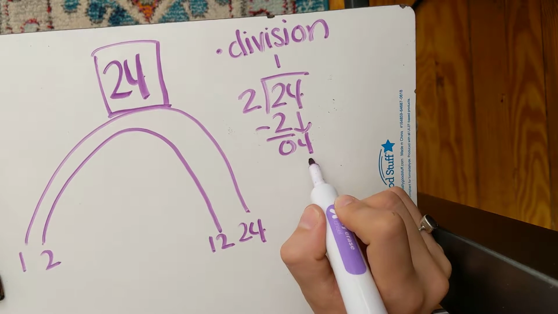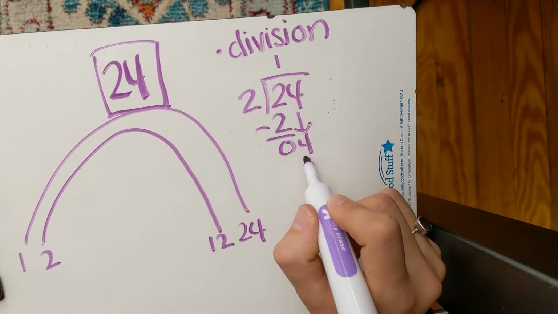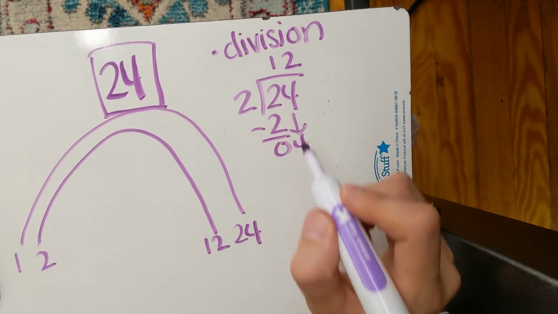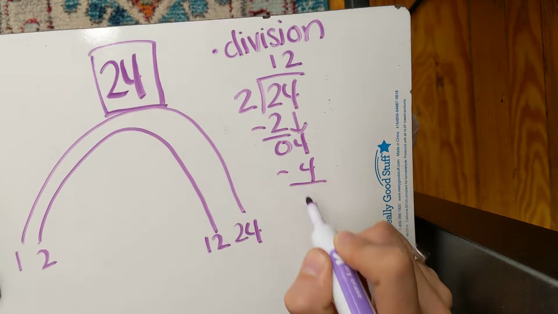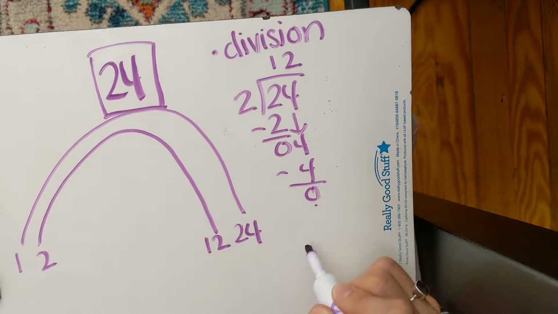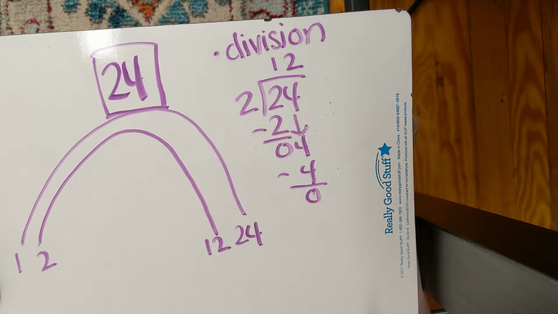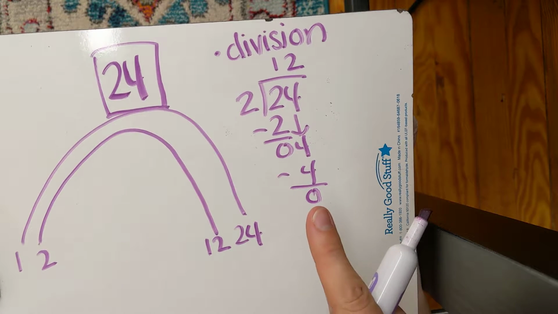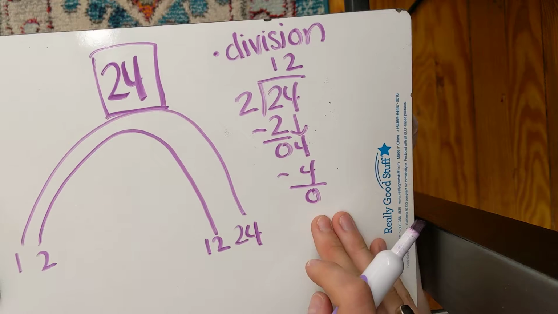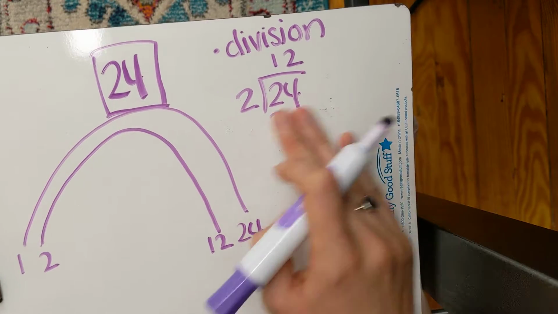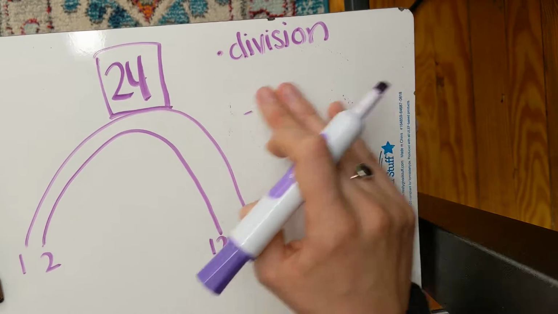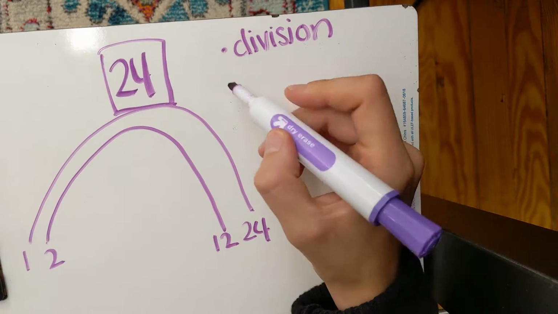Now we're thinking, how many times does 2 fit into 4? 2 fits into 4 twice. 2 times 2 is 4. 4 subtracted from 4 is 0. 0 means no remainder, and so 2 and 12 are factors. So I just showed you partial products before, and this time I showed you the classic standard division. Okay, so division is one strategy we can use to figure out if something is a factor of another number.